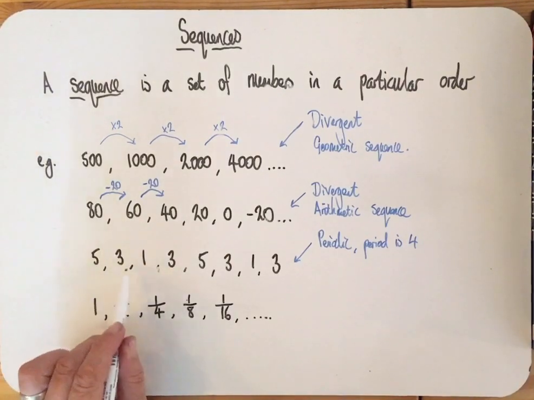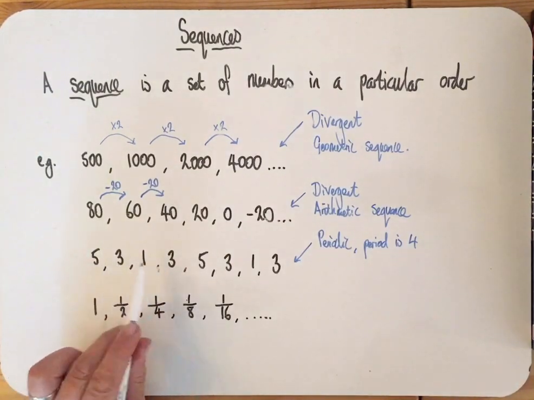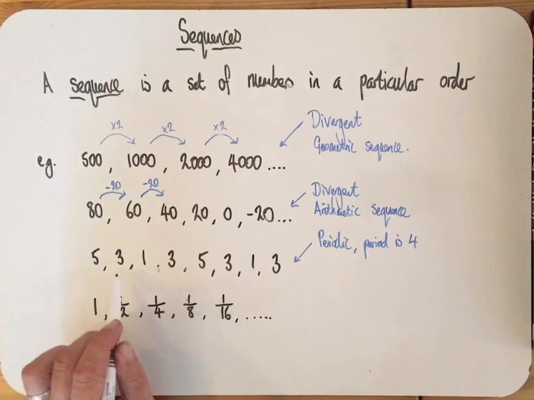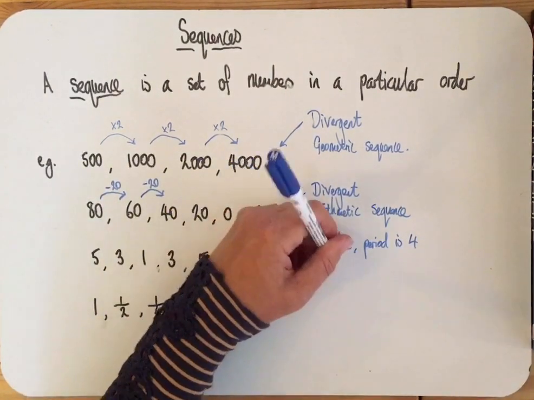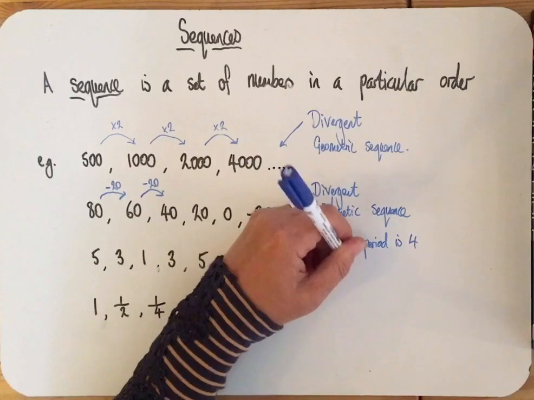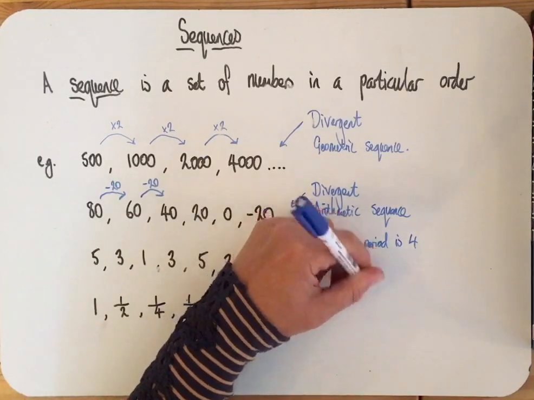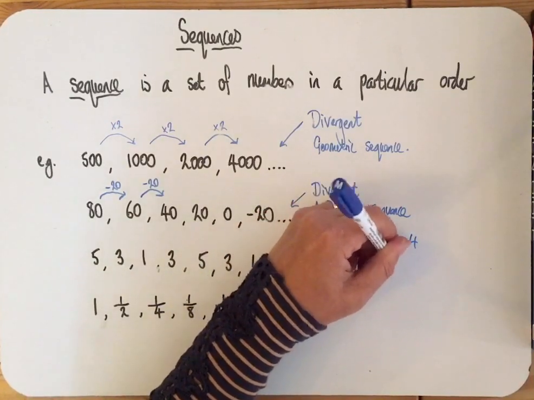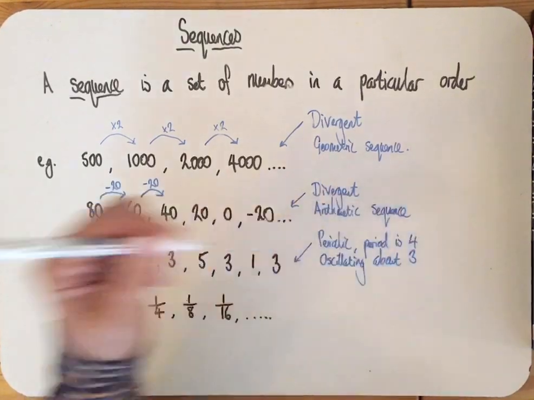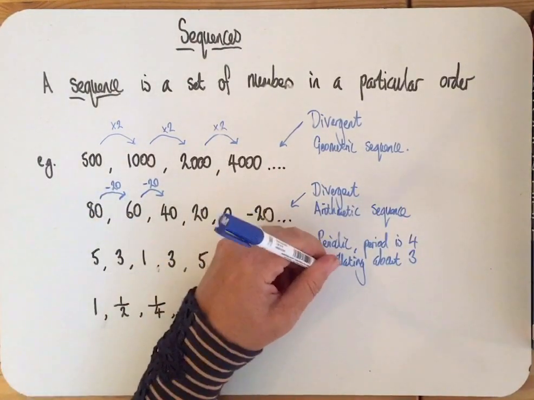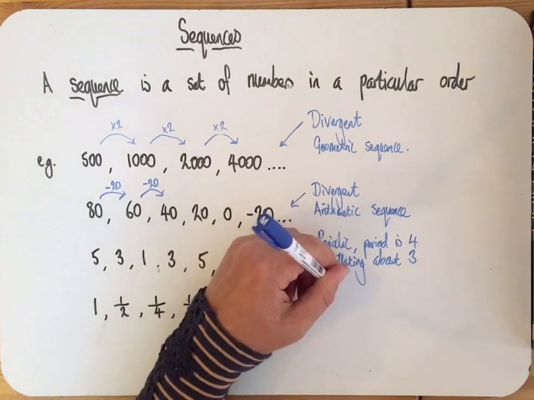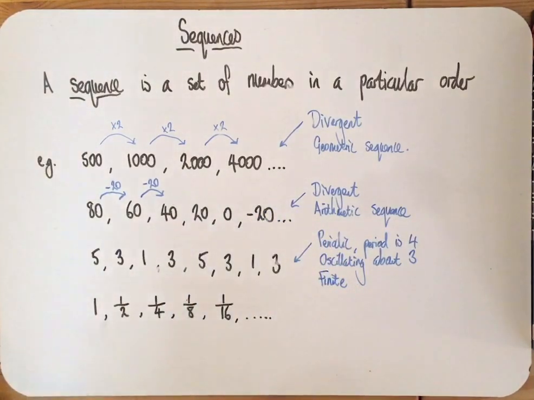This one also is oscillating, so it's going 5, 3, 1, 3, 5, 3, 1, 3. So it's oscillating about 3. And it's finite. I better keep one finite one on there. So a sequence can be infinite or finite.